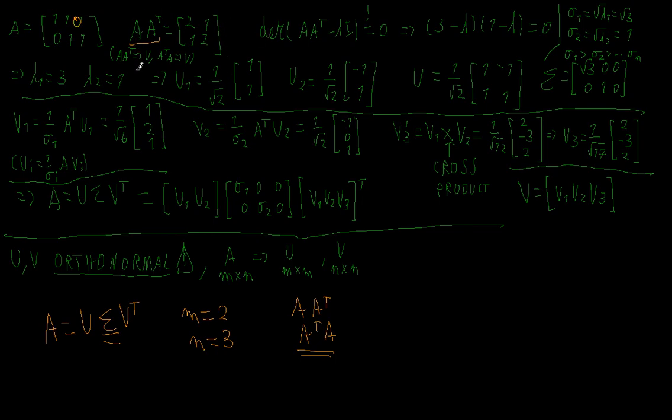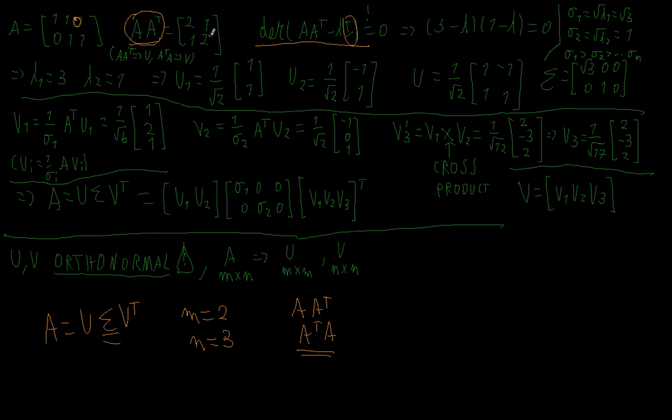So if we do A times A transpose, you get the matrix 2, 1, 1, 2. Now we will find the eigenvalues of this matrix, remembering that the non-zero eigenvalues of A times A transpose are the same as the non-zero eigenvalues of A transpose A. So we solve the determinant of A times A transpose minus lambda I, where I is the identity matrix, equal to 0.